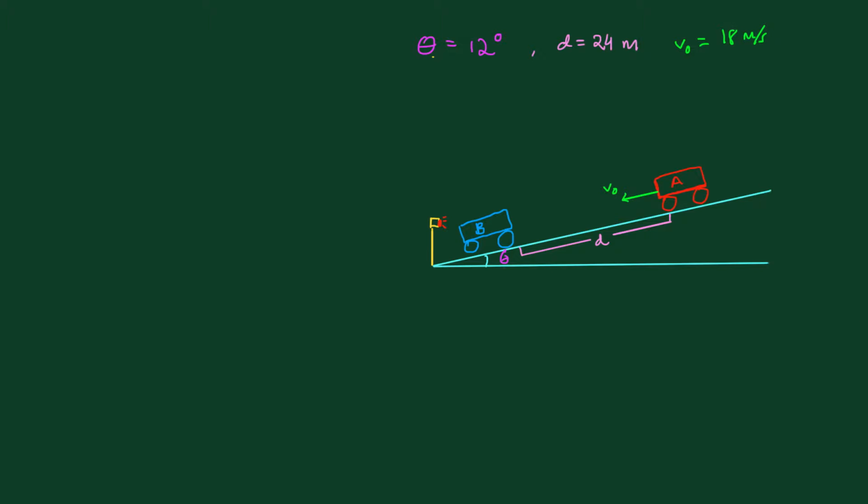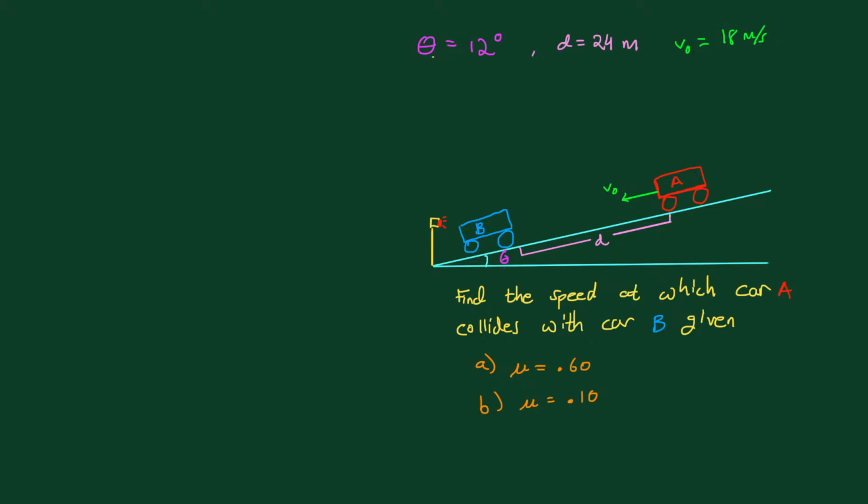So our goal in this video is to find the speed at which car A collides with car B, given that the coefficient of kinetic friction between the road and the tires of car A is 0.60. Okay, so that's the first part of what we are to do for this problem.